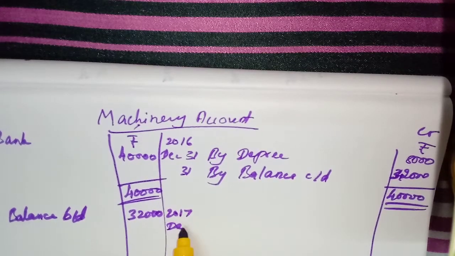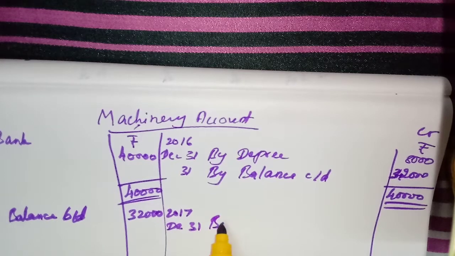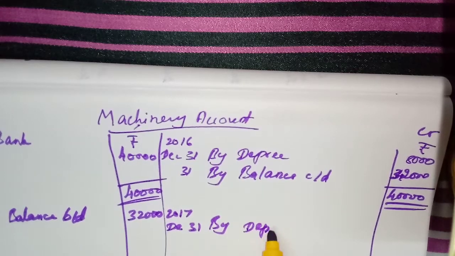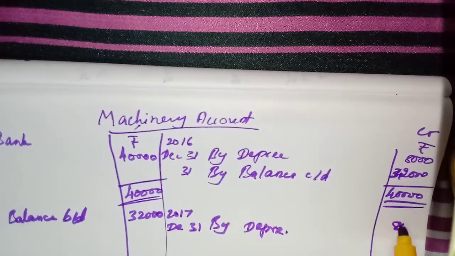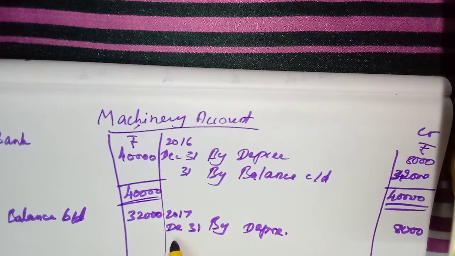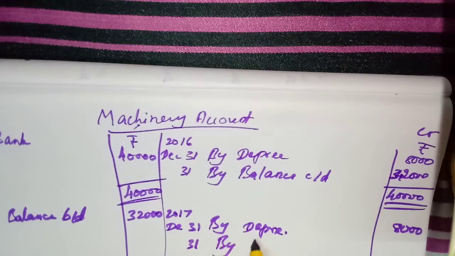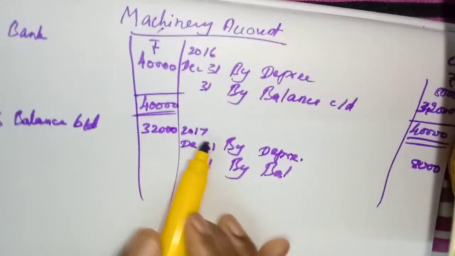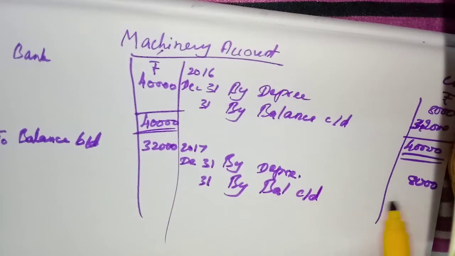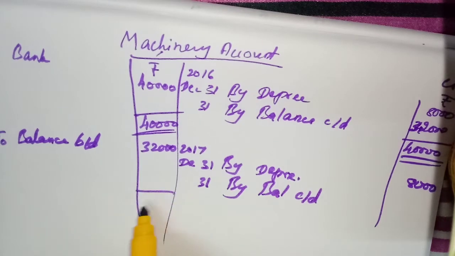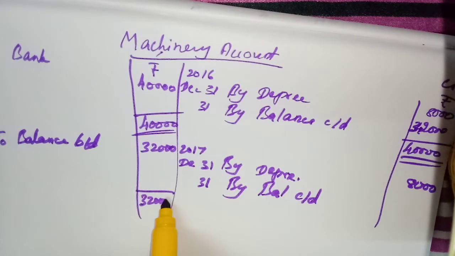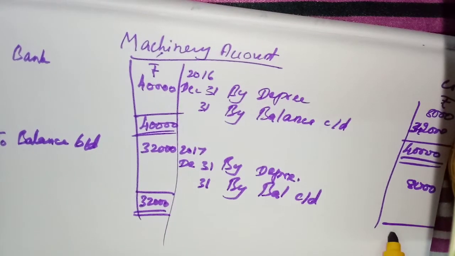Then again next year entry: 2017 December 31 by depreciation, 8,000. So you balance it, the same date by balance carried down, 32,000. Same thing you write 32,000.